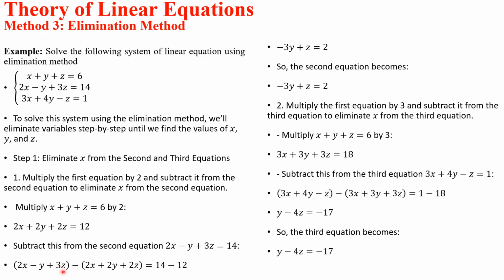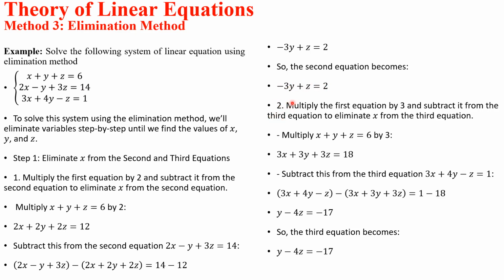So that would be minus 3z minus 2z... plus 3z minus 2z will give us z, that's plus z. So 14 minus 12 will give us 2. So the second equation then becomes minus 3y plus z equals 2. So this is what we've got now.